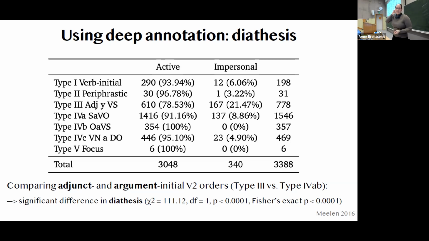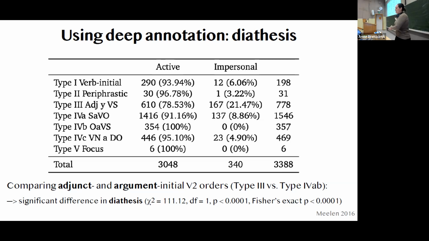And what you see then is that if you compare, for instance, adjunct versus argument initial orders, there is a significant difference between the active and the impersonal. Now, from a statistical point of view, that's not very wild as a conclusion. But what it does tell us is that this is something we need to take seriously, and this is something we need to look at further.